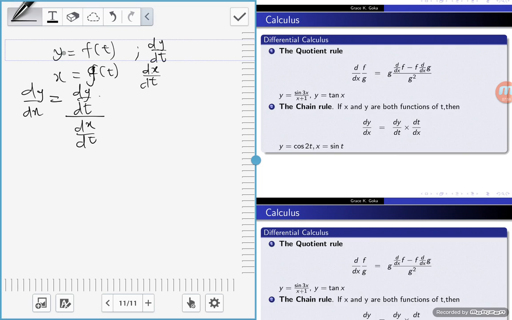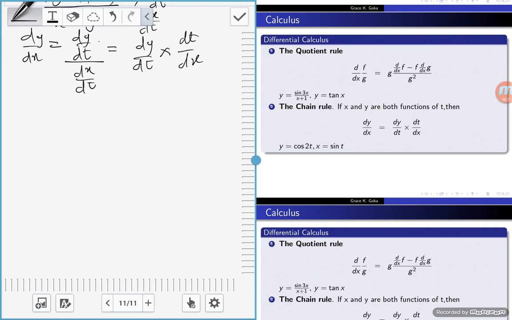Okay, so it means differentiate y divided by differentiate x. So differentiate this divided by differentiate x. Simple as that. So this is equal to dy dt times, it's the long division, so you turn it around, which is dt dx. All right.